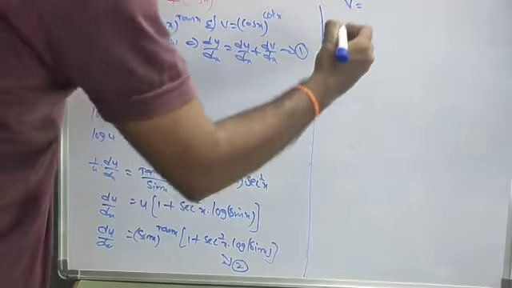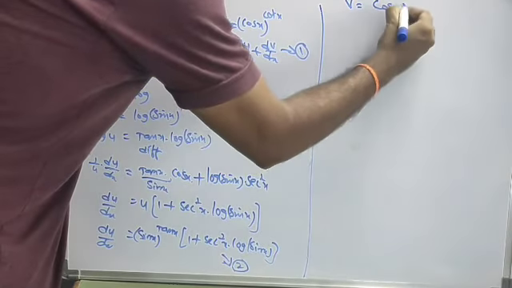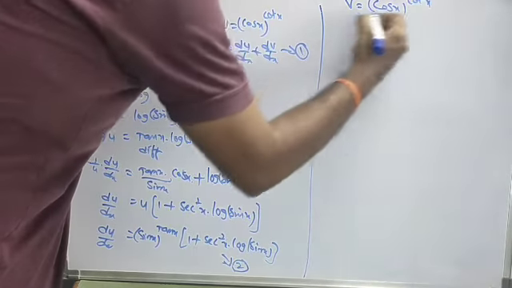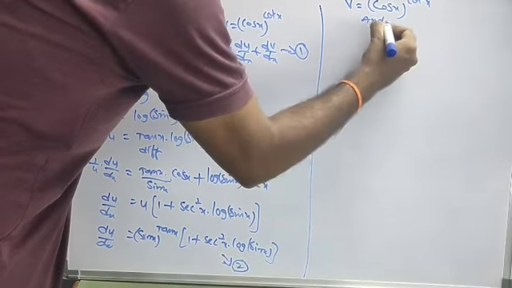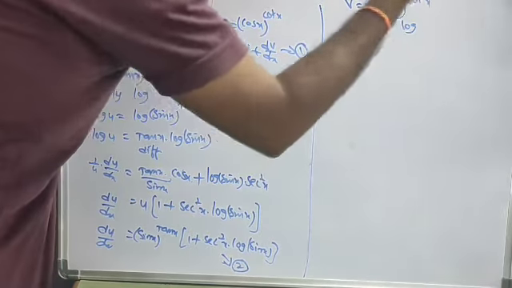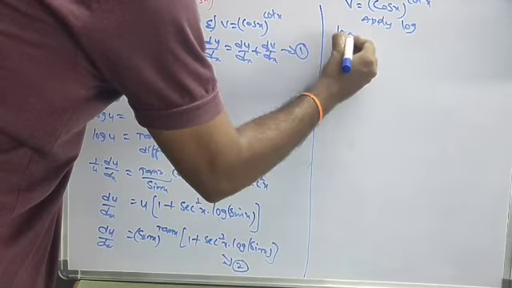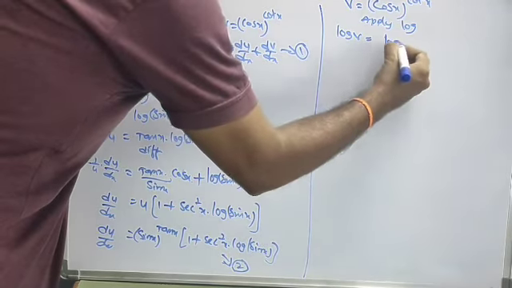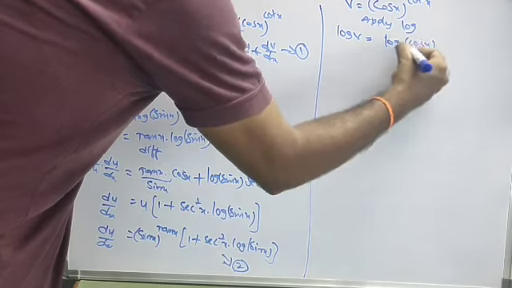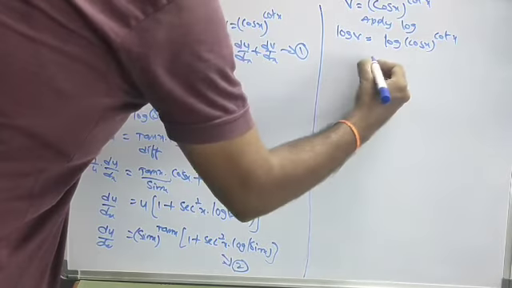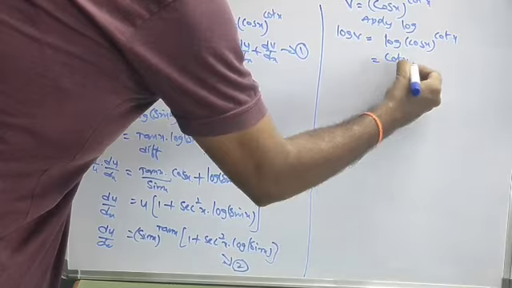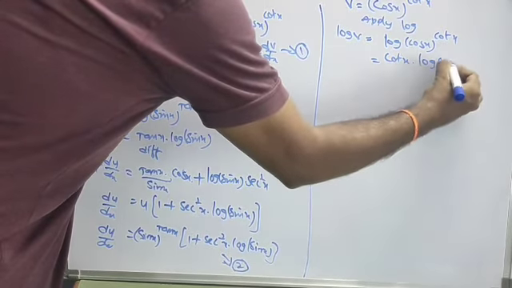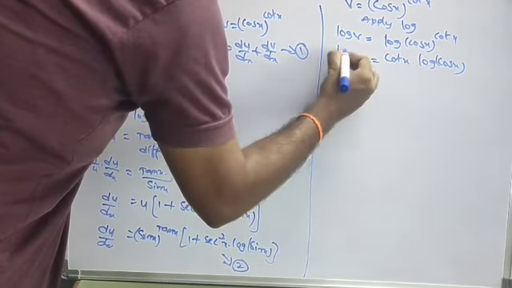What is v? v equal to cos x to the power of cot x. Apply log, because it is the f of x power g of x model. Log v equal to log of cos x to the power of cot x, so cot x into log of cos x.